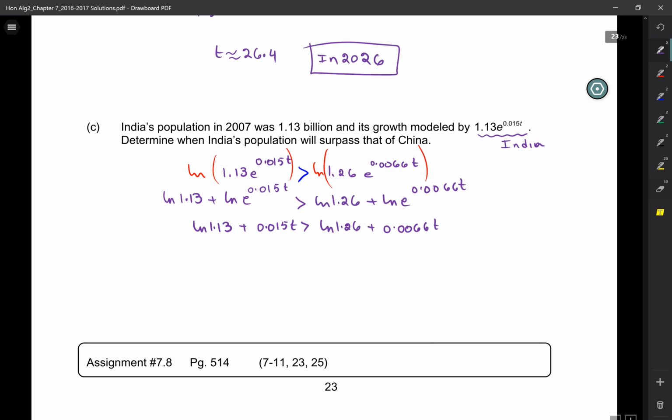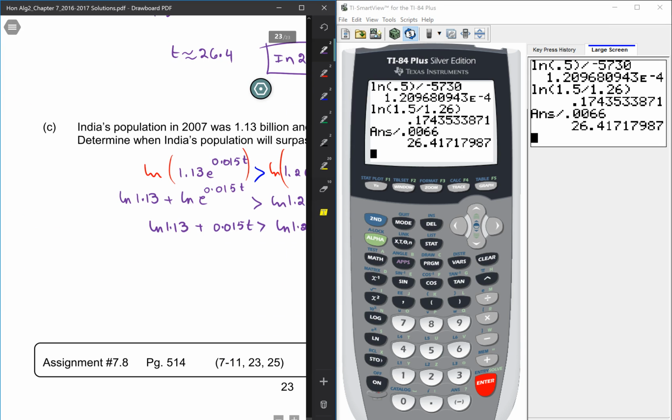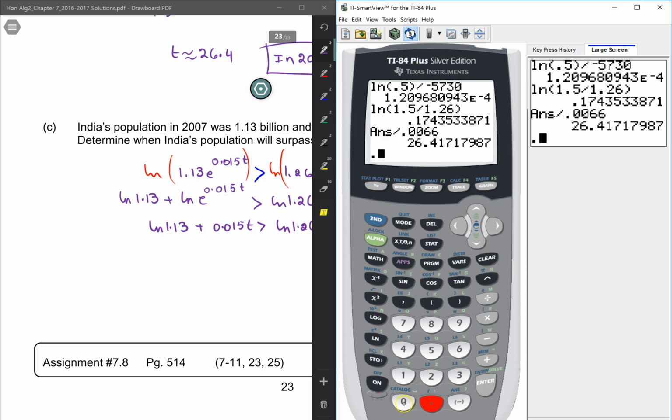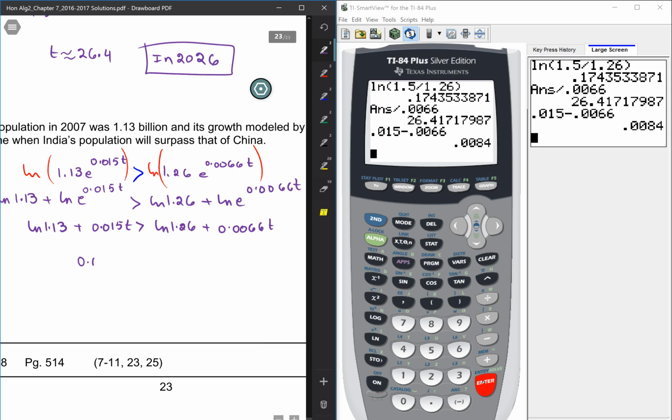So I'm going to subtract 0.0066t from both sides. It'll be 0.015 minus 0.0066, which gives me 0.0084t, greater than ln of 1.26 minus ln of 1.13.